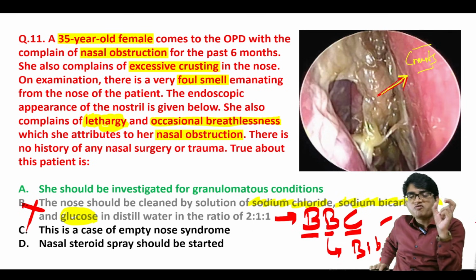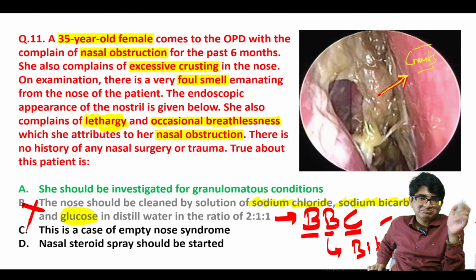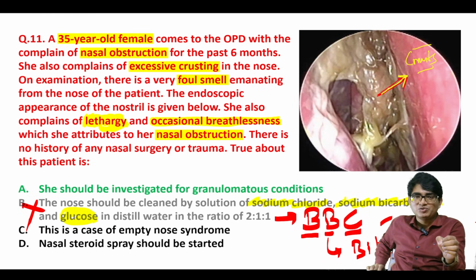So these two findings actually represent a systemic disease like TB, like sarcoidosis, any chronic granulomatous disease, like scleroderma, isn't it? So that will lead to your atrophic rhinitis.